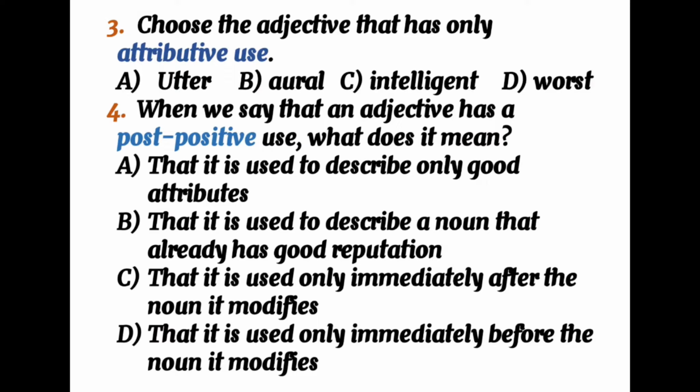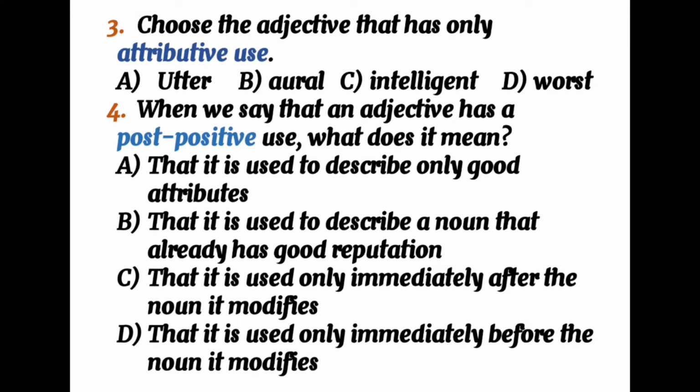It may happen that all of these options, like in the previous question, fall in the same category. Next is oral. Oral aids, and the aids that are used in the classroom are oral. I don't think that this word has any problem going in either position, so it can be used either attributively or predicatively. Intelligent: there are many intelligent students in my class, attributive use, and John is very intelligent, Adam is very intelligent.